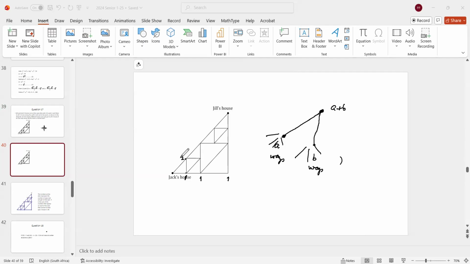No, what am I saying? From here to here, it's only one way. No, I'm not wrong. Sorry. You can go this way or that way. There are two ways in which you can get to this point.